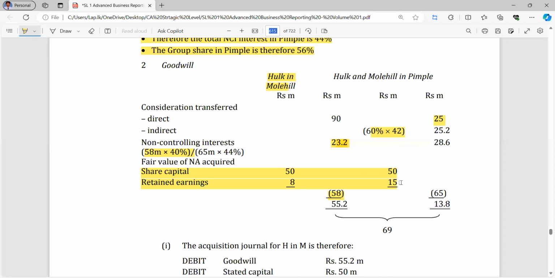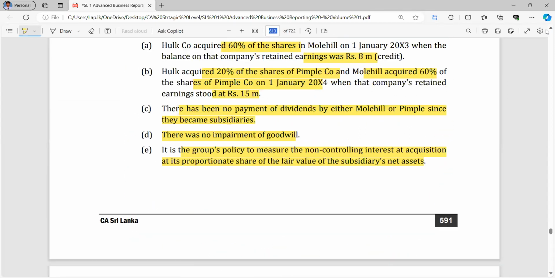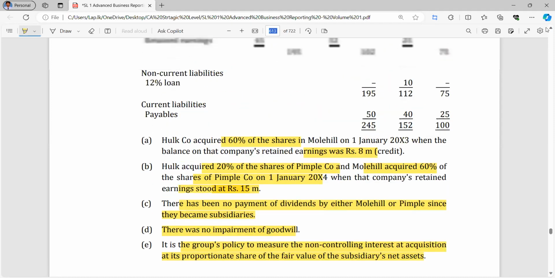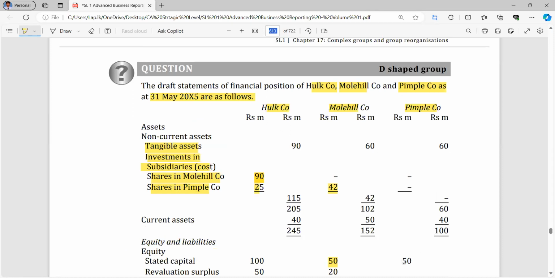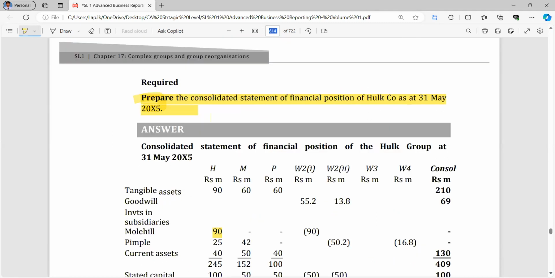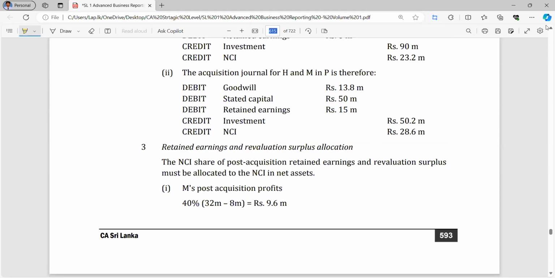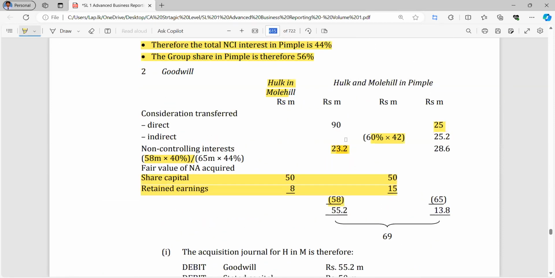And for the NCI also, you have a 50 million share capital and the 15 million retained earnings, so you take 65 into 44%, and you end up with 13.8 million. So altogether the goodwill is 69 million.